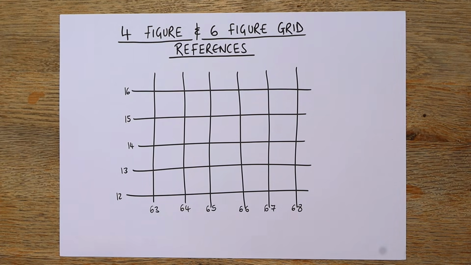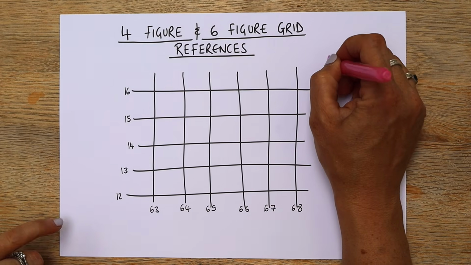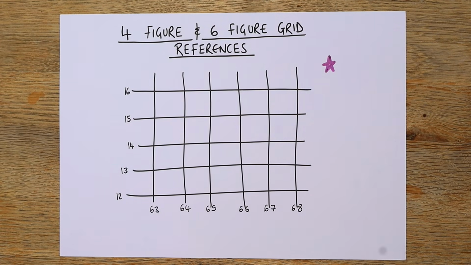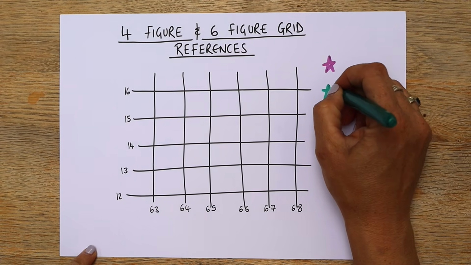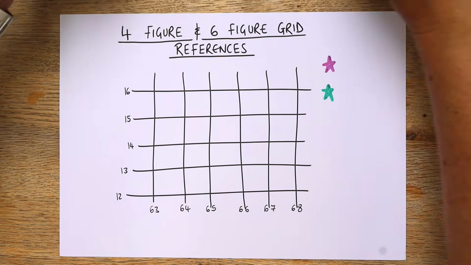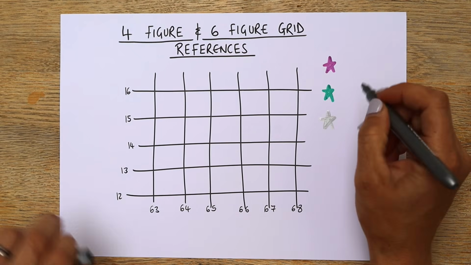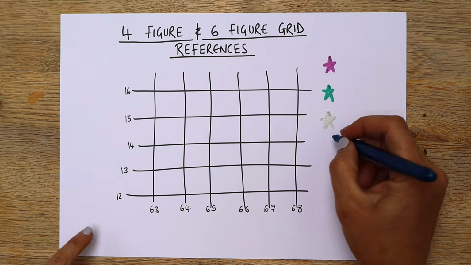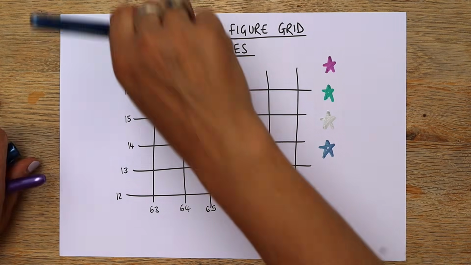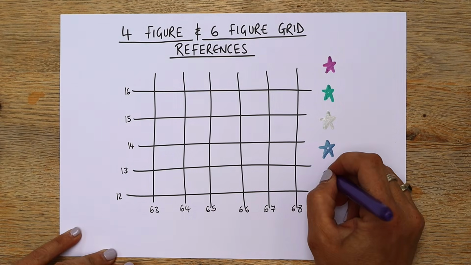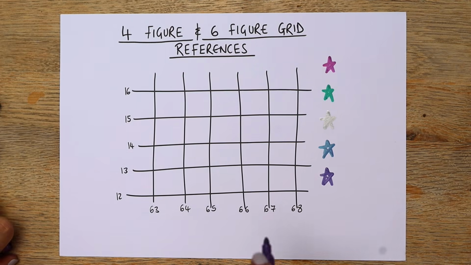Right, I am going to walk you through a bunch of different things. I've got some coloured pens, so I'm going to draw some stars, and I'm going to place these stars in a minute, and I'll show you how to do the 4-figure and the 6-figure grid references.